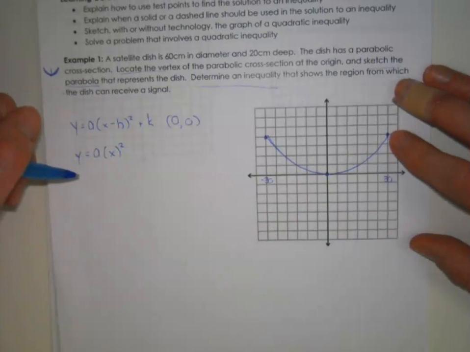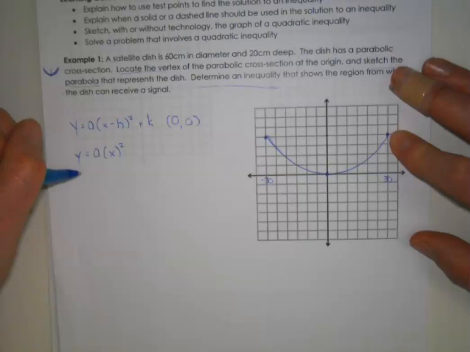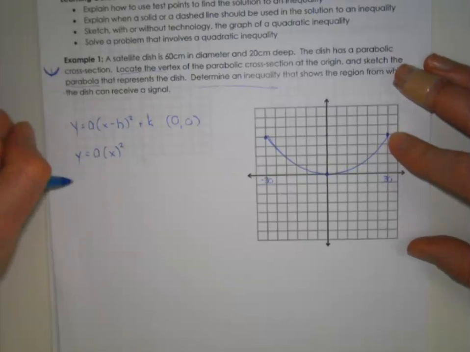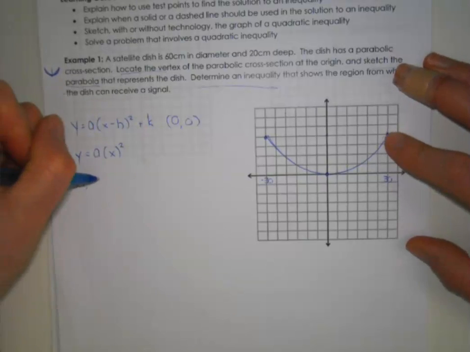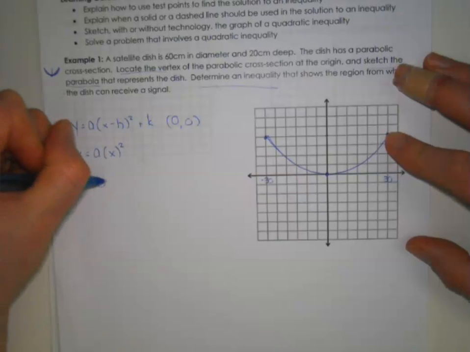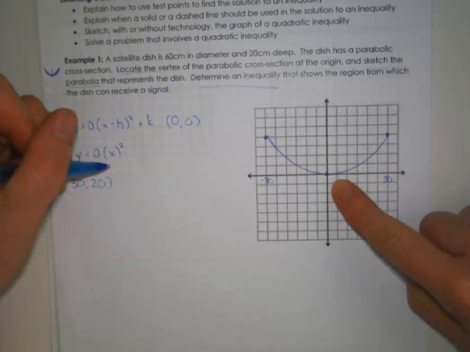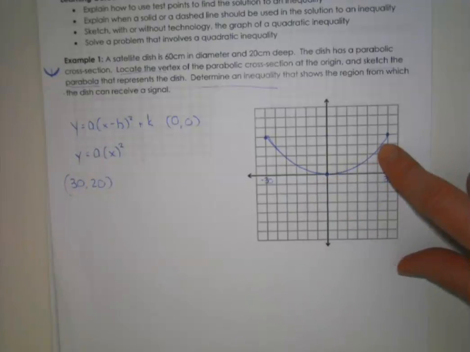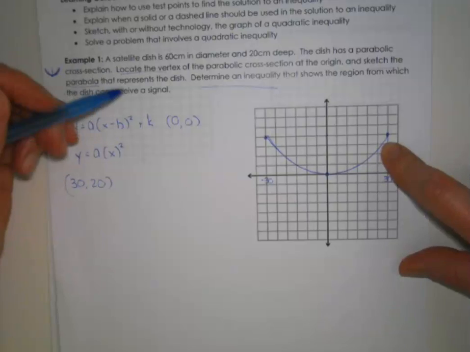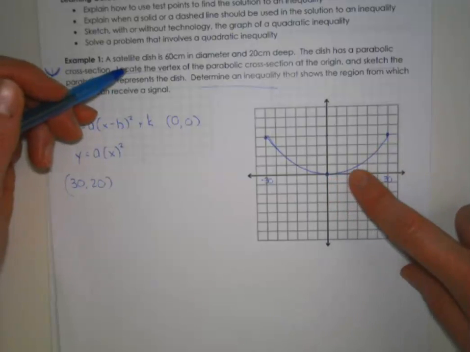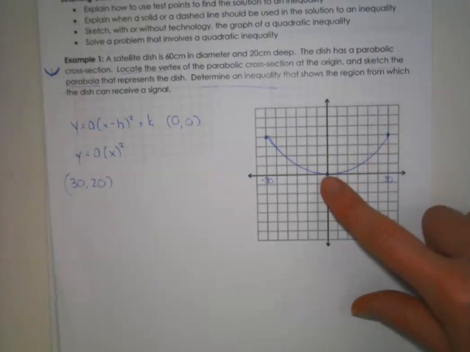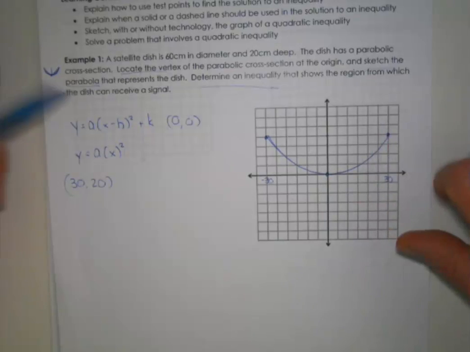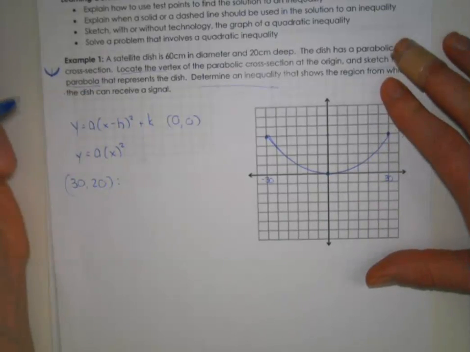We already have the coordinates: x is 30 and y is 20. For a graph like this, make sure that you choose a point that you know for sure, because we're drawing it, so it's not going to be perfect. Try not to use points in between where you're just guessing what the values would be.